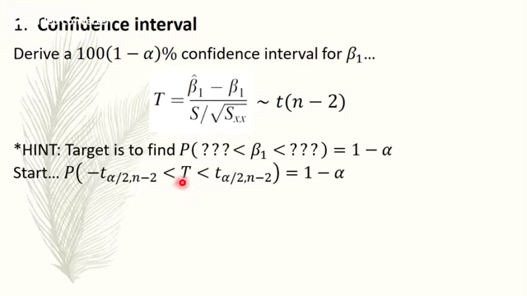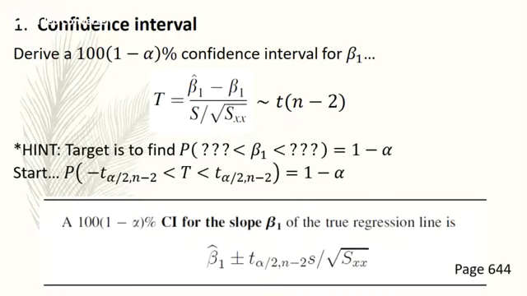So you can start off here and then replace this t with that value. Then all you have to do is manipulate this inequality so that you end up with beta 1 in the middle on its own. It's exactly the same as other proofs that we have done before, and you should make sure that you get this result given on page 644.